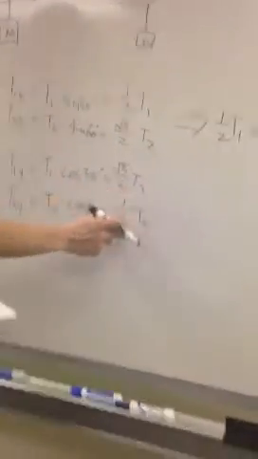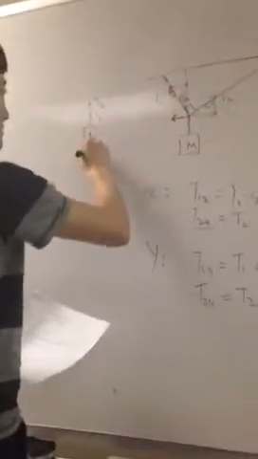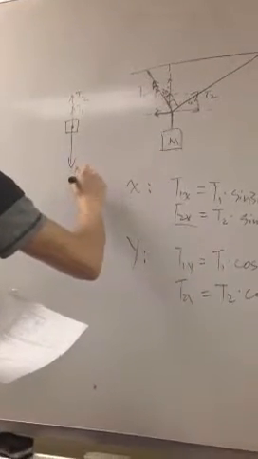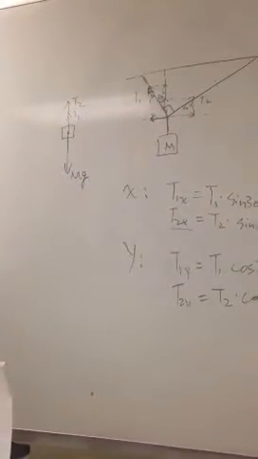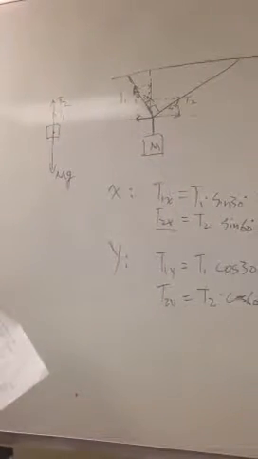From here, what we learn is, there's a T1, there's a T2, there is a mg, and it should be the same, right?